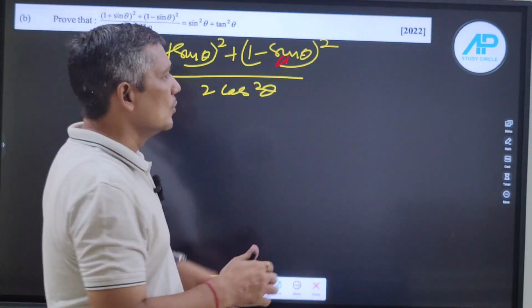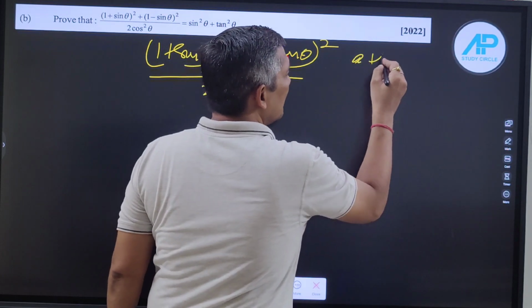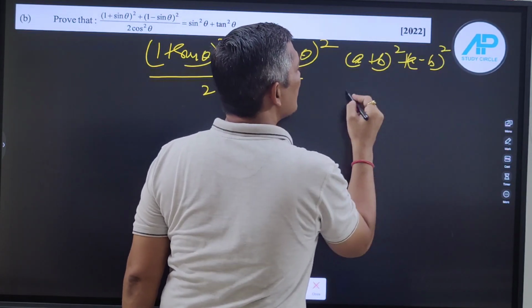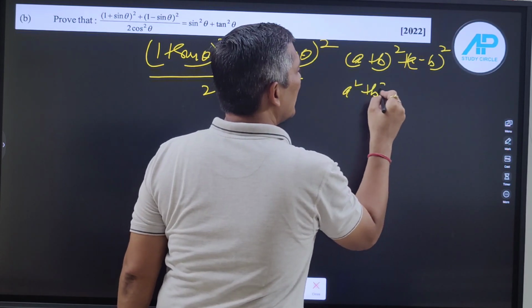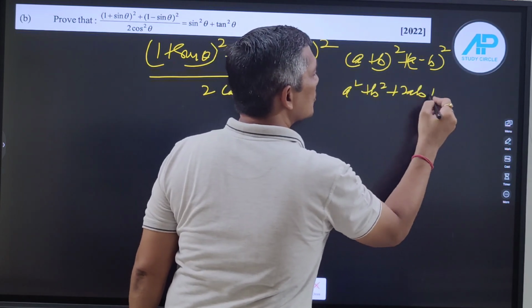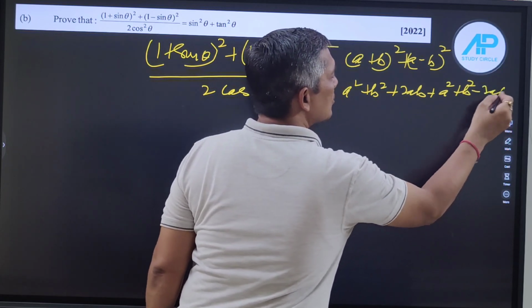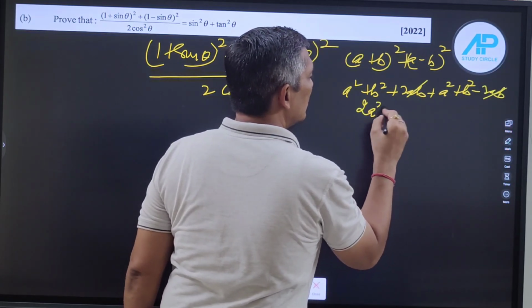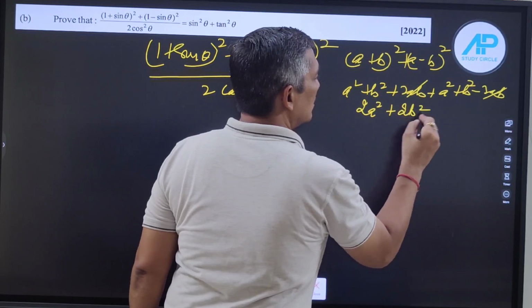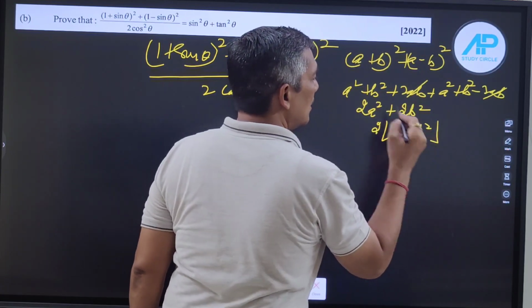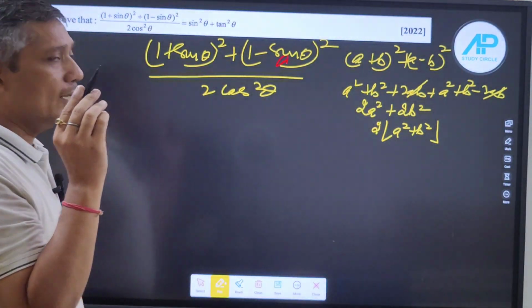I have solved it for you separately. A plus b whole square plus a minus b whole square equals a square plus b square plus 2ab. A square plus b square minus 2ab, the 2ab terms cancel. It is twice of a square plus b square.